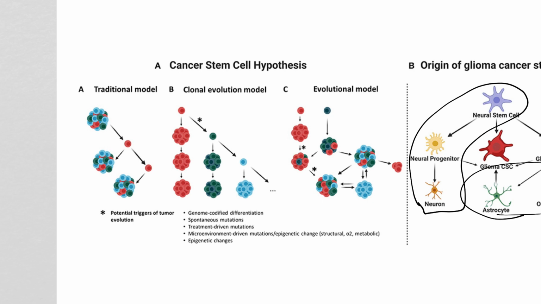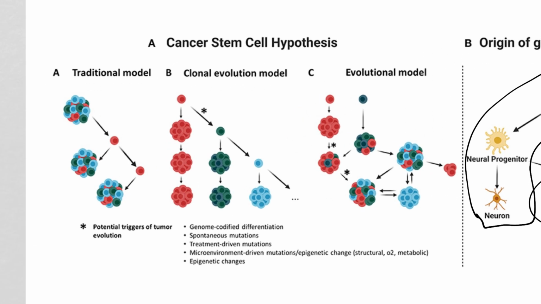And so the idea here, this clonal evolution model, is the idea that you start off with a mutation that makes a cell somewhat cancerous, and that begins your tumor.